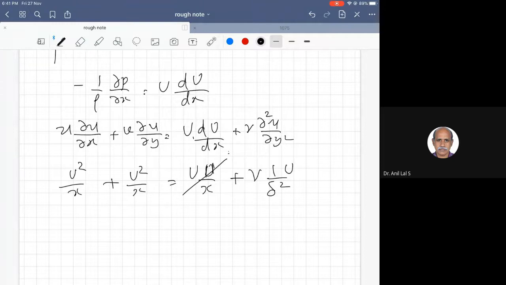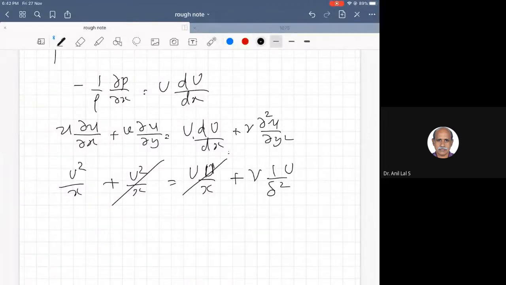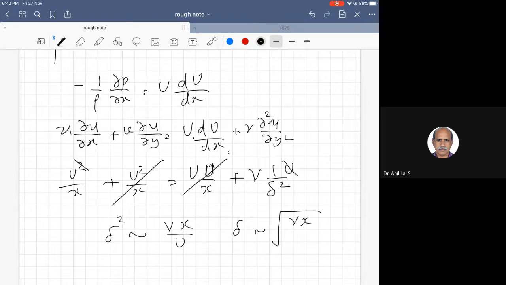So these are all similar order quantities. We can cancel them, and one U also goes, so that we can write delta squared scales as nu x by U. So the boundary layer thickness is of the order of square root of nu x by U.